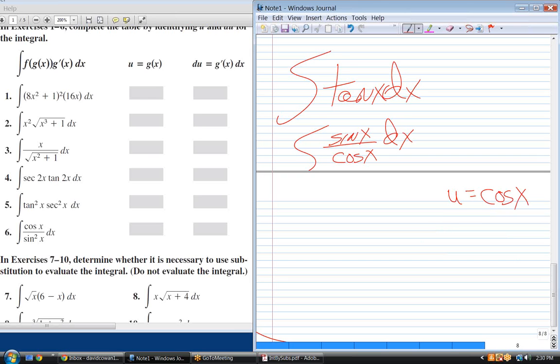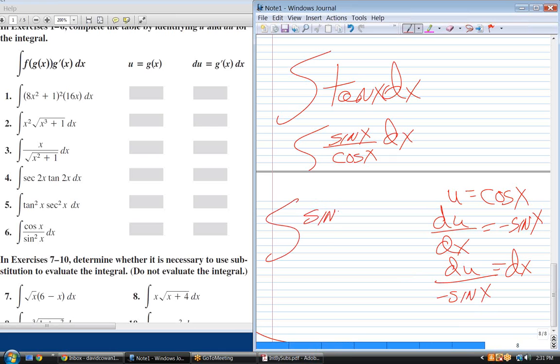Watch what happens. du dx equals negative sine x. So dx ends up being equal to du divided by minus sine x. So now I can rewrite my integral as sine x over u, and instead of dx, I got du over minus sine x.